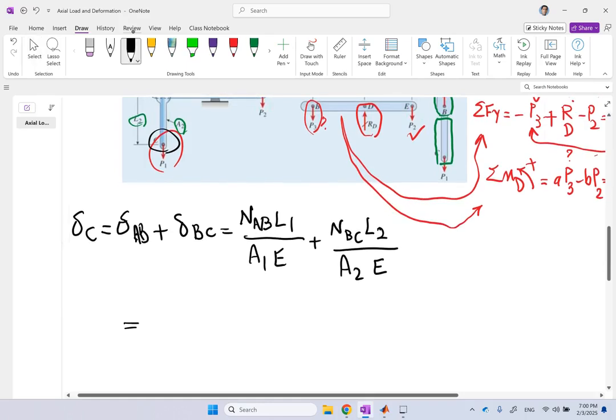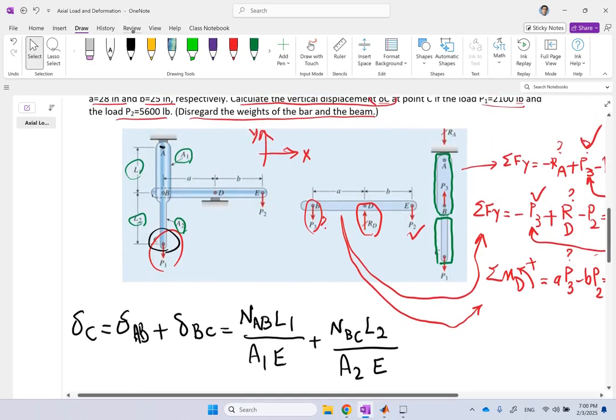And A1 and A2, E, L1, L2, they are all given. The only thing not given are the axial forces in them.